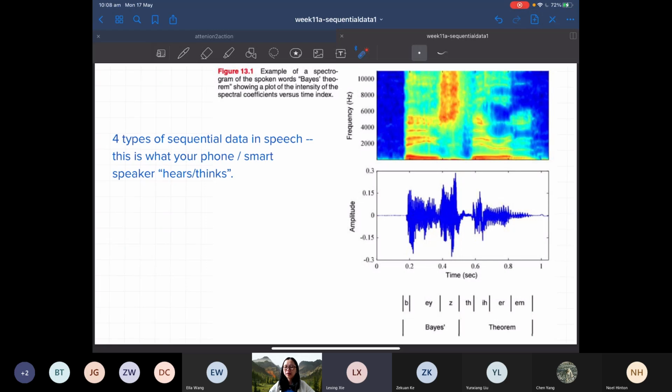But basically, sounds like th or z show up as a bunch of noise in the higher frequency range. It doesn't mean there is nothing in the lower frequency, just that this is more prominent.